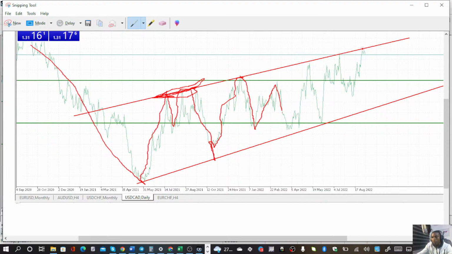But if you observe, you can see that this is a high here, and this is another high. This high is higher than the previous high. So if we say this one is high, then we say this one is high.